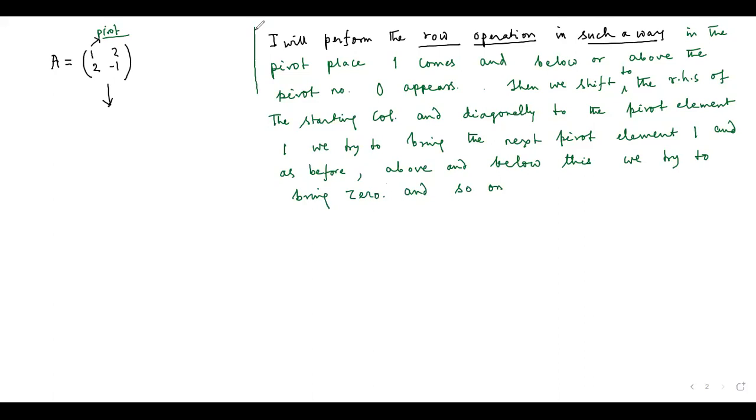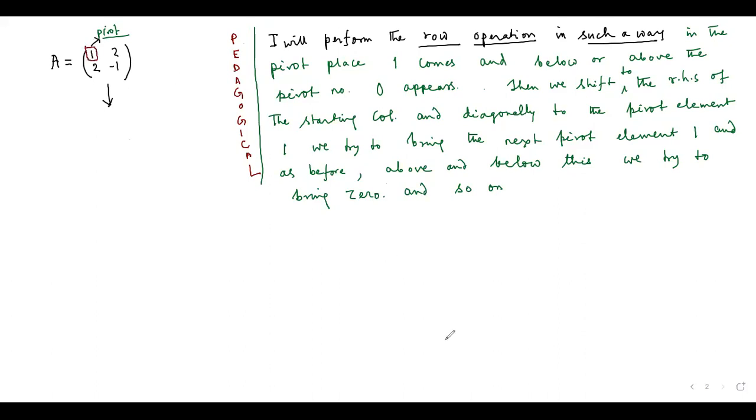This particular thing has been written from a pedagogical point of view. The actual line by line process has not been mentioned. It will be mentioned in the class, but let me talk about it a bit. This is my first pivot element that I have marked over here.